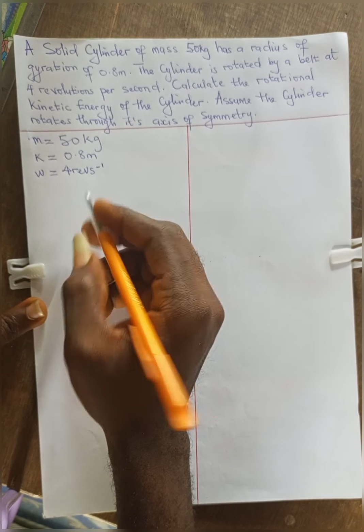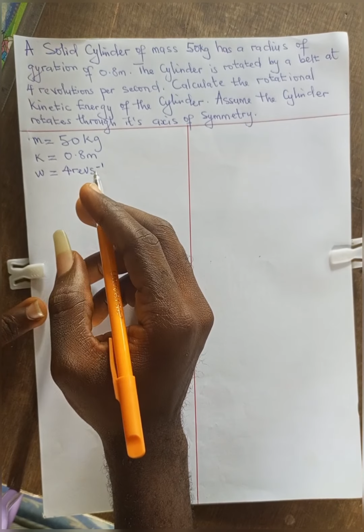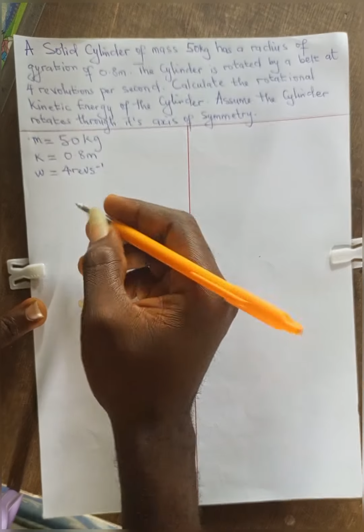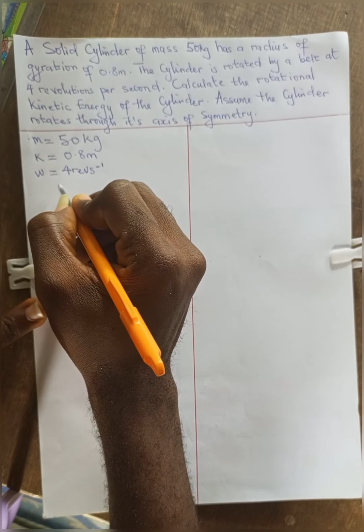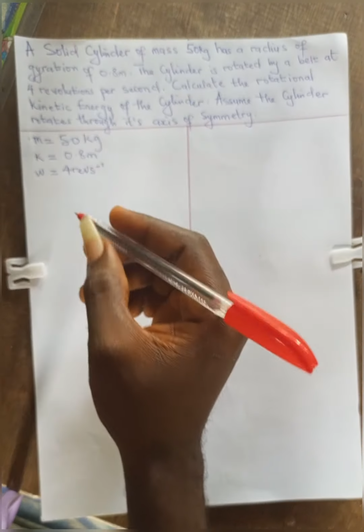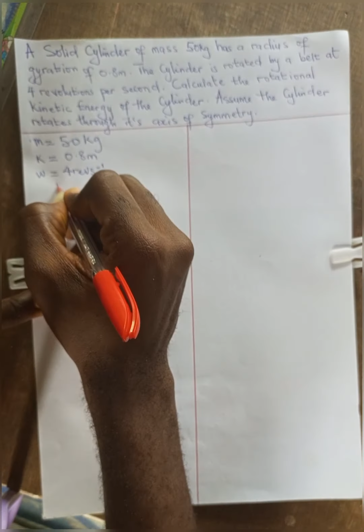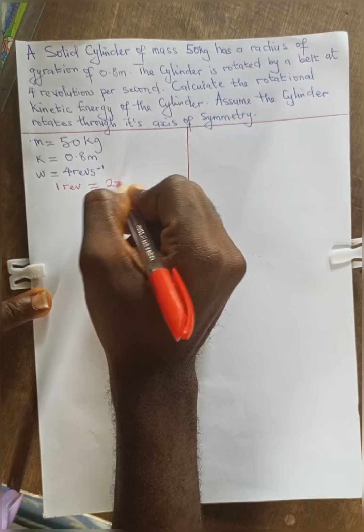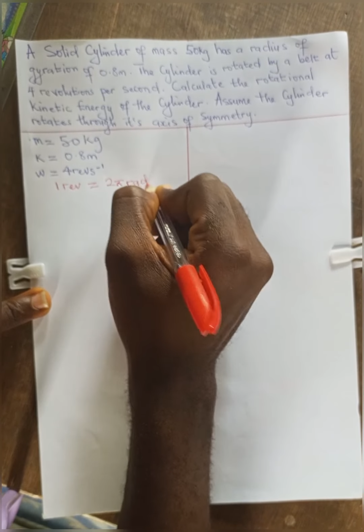So the first thing to do na to convert this to the normal unit, which is rads per second. Now if you remember properly, we talk say 1 revolution na 2 pi rads.